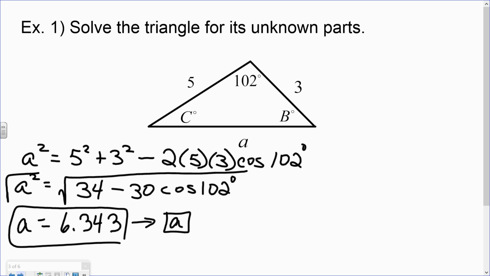Okay, now I know all three sides. It's still not a right triangle, but now do I have one set of opposite sides? So now I can use law of sines, because now I can say that A over the sine of 102 equals.